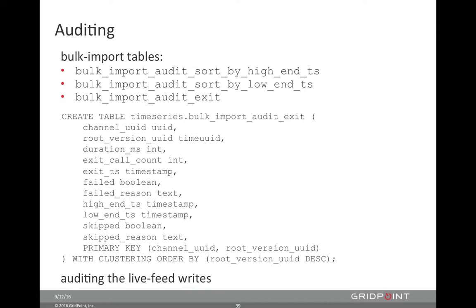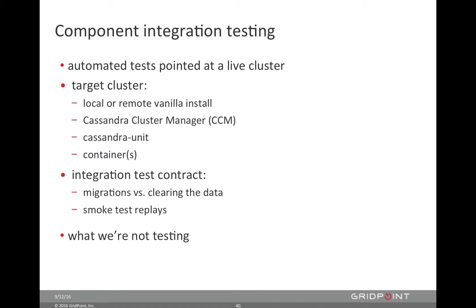Okay, all this while I've been building up to what I consider the most important slide in the presentation: component integration testing. What do I mean by component integration testing? I mean automated tests, JUnit, TestNG, whatever, that are exercising the Cassandra persistence project against a real live Cassandra cluster.